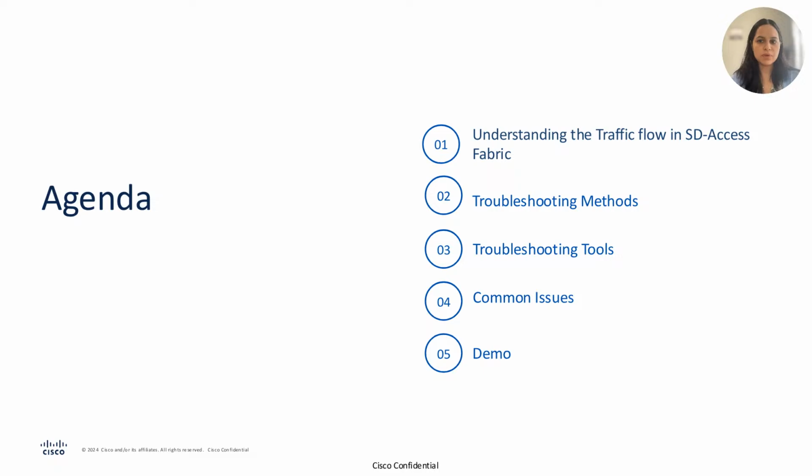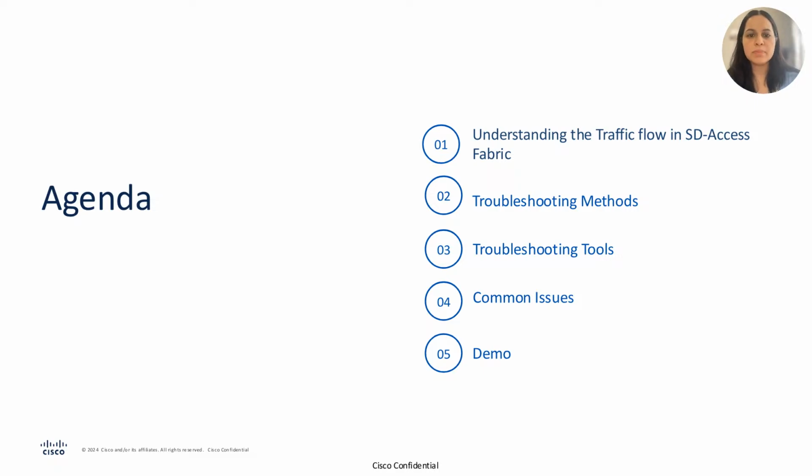Before we jump into today's agenda, I want to take a couple of minutes to address why we have put this session together. This session is apt for you if you're looking to learn different troubleshooting methods and tools available for SD Access troubleshooting, and also some of the most common issues that one faces when implementing segmentation in their network environment.